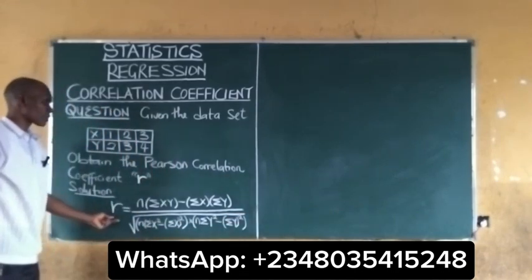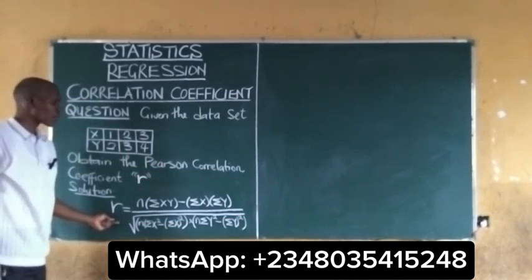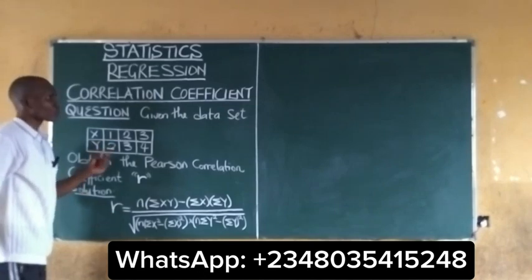So this is the Pearson correlation coefficient formula. This is what we'll use in solving this question.